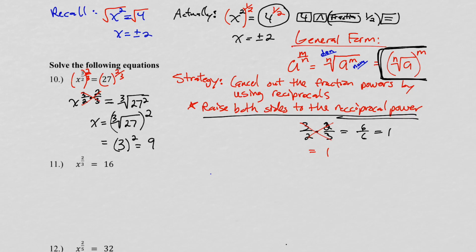Okay? And you may be saying, well, I thought when we take the square root, we have a plus or minus answer. That is true, because that is an even root. Okay? But for odd roots, this is an odd root, cube root. So odd roots are only positive. So only positive, not positive and negative. Only positive if inside is positive.